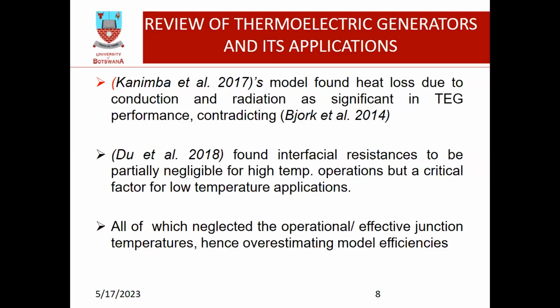Most of these studies neglected the operational and effective junction temperatures, which overestimated the model efficiencies they produced. If you look at this, you'd find that the material properties were either averaged, made constant, or made temperature independent for a temperature-dependent module.